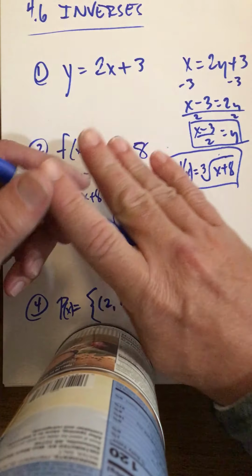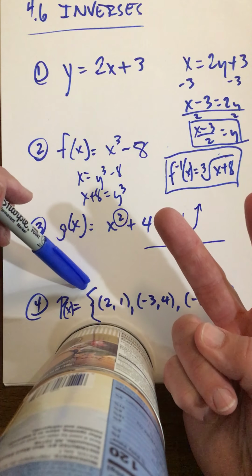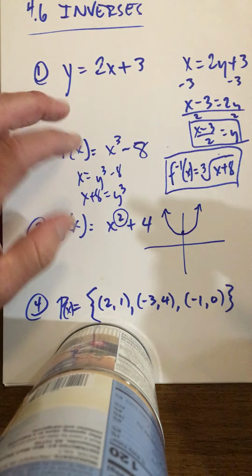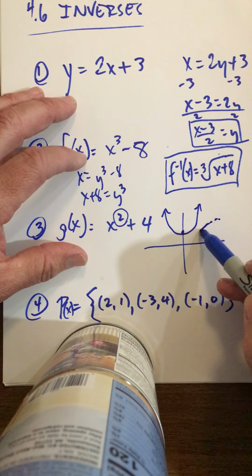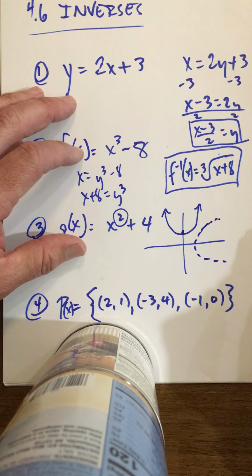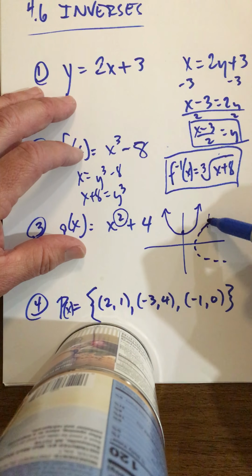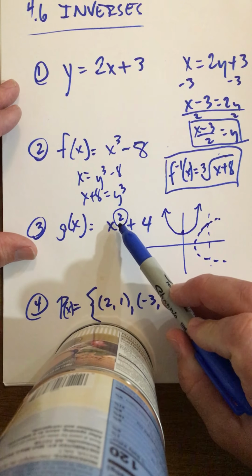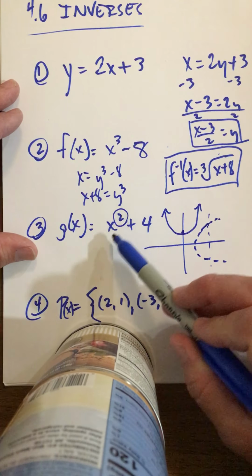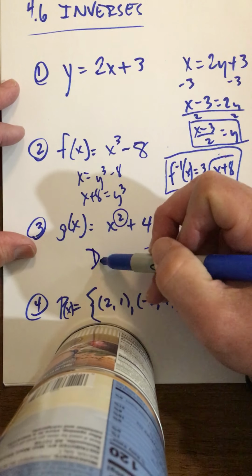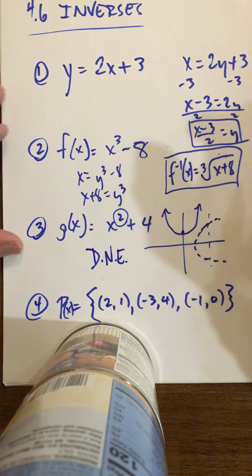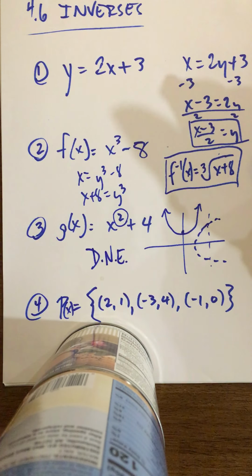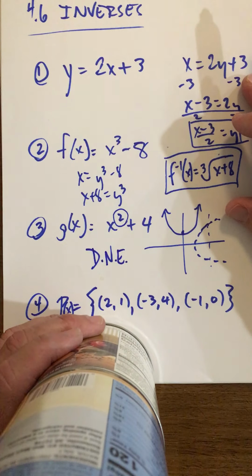If you took the picture and spun it around and then rotated it 90 degrees that direction, the picture would then look something like this, and that is not a function. It doesn't pass the pencil test, the horizontal line test. So anytime you see the highest exponent's an even number, x squared, x to the fourth, x to the sixth, anything like that, the inverse function does not exist. DNE, there's no inverse, however you want to say it, the inverse doesn't exist. There's no work involved there.